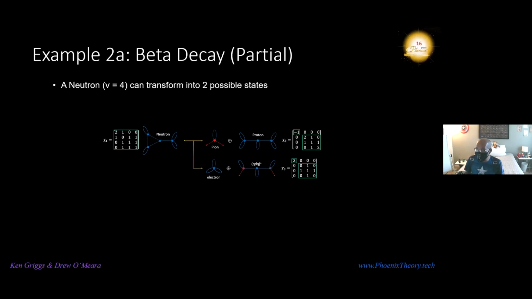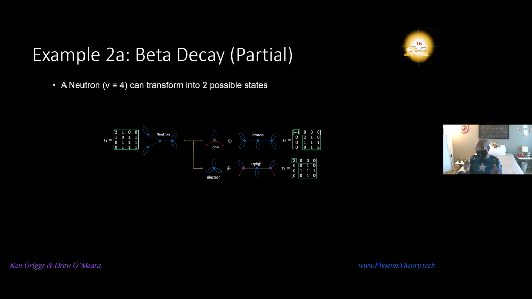Something a little bit more detailed would be what happens when we have a neutron. So what we're representing here is a free neutron. In other words, there's nothing really happening to it. If you look on the left of that neutron, we have its matrix representation. And what we can demonstrate in Phoenix is that through this, you can have two possible transformations.